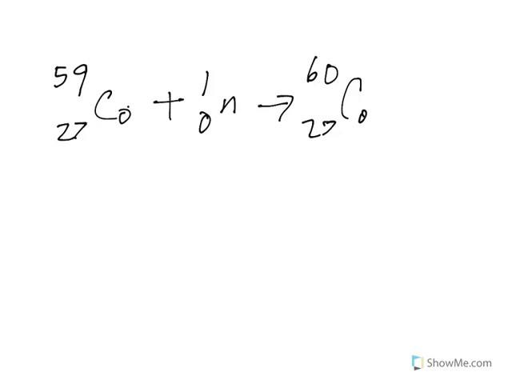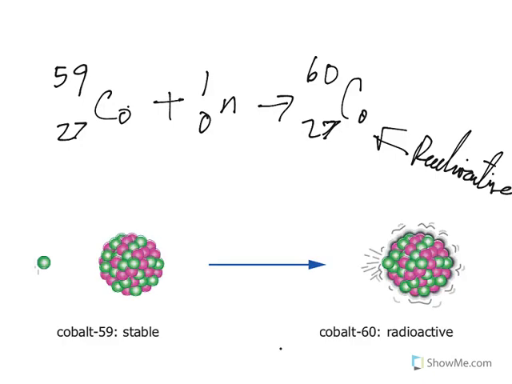And by adding that one extra neutron, cobalt-60 is radioactive. Cobalt-59 is not. So here's a little diagram that shows that. All right, so there's the diagram. Stable cobalt-59, there's our neutron, shoot it in there, gets captured. Cobalt-60 is radioactive.